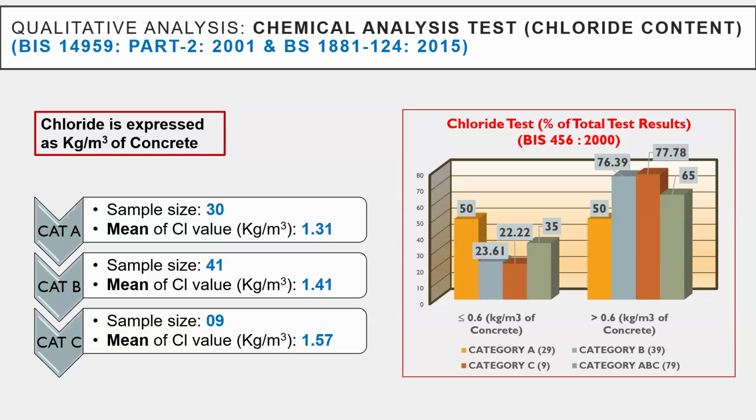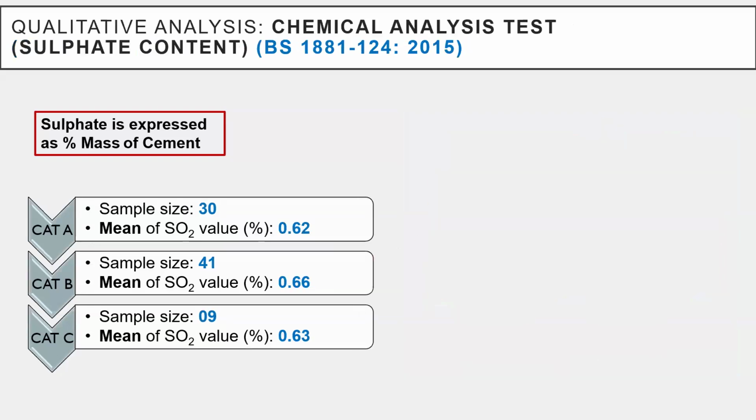And this could possibly be the reason for some localized cracking, localized falling of cover concrete, which was observed in the external members. Then another thing was sulfate content present in the in situ concrete.